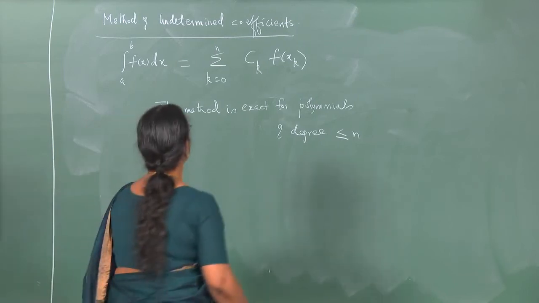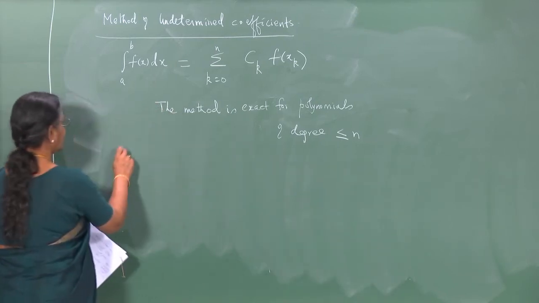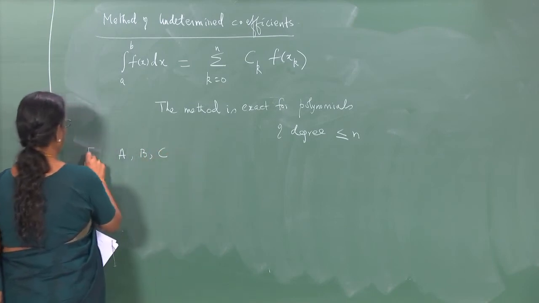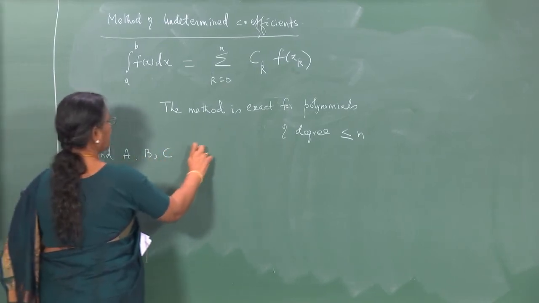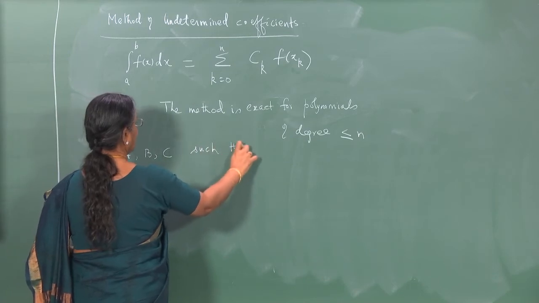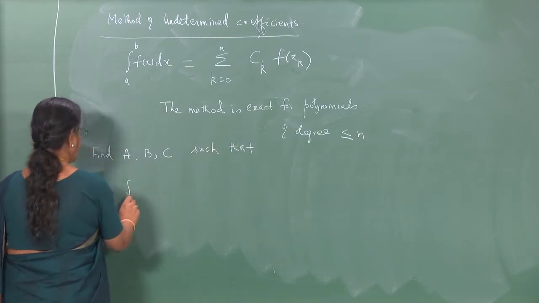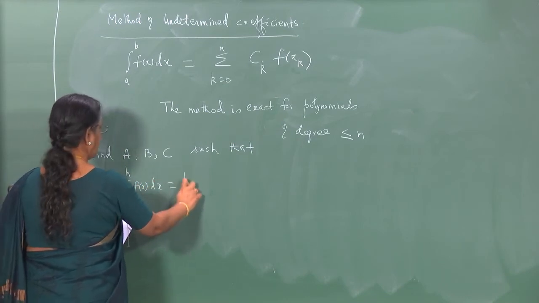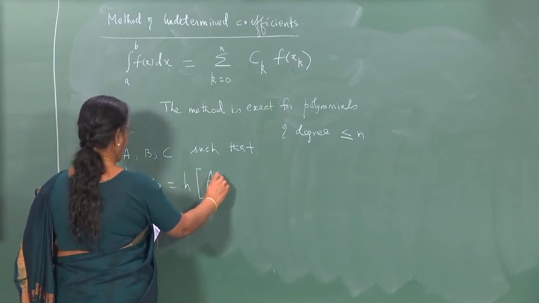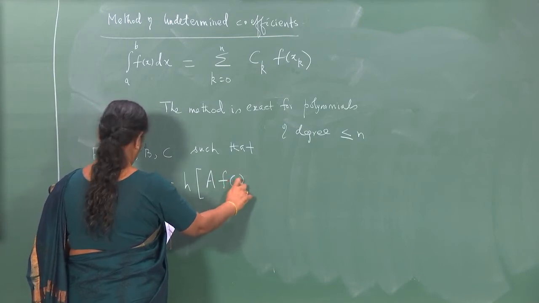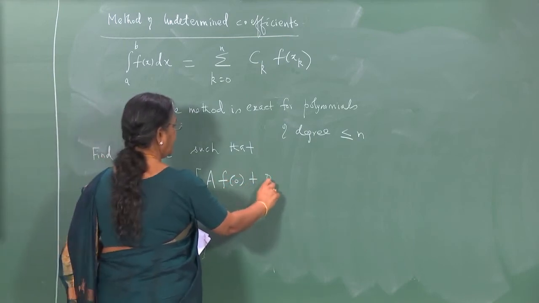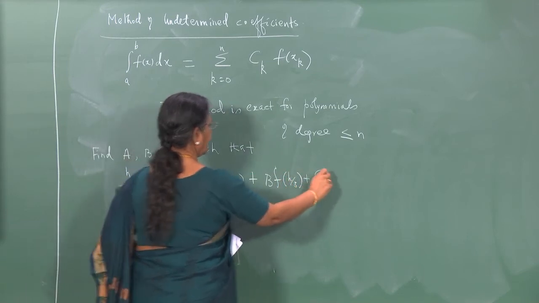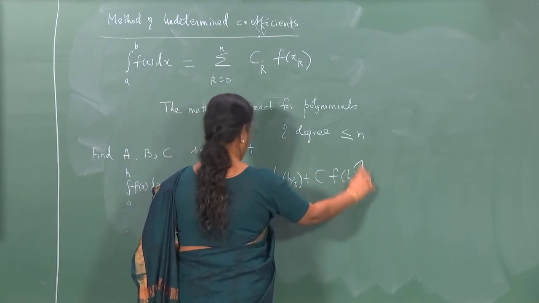We shall illustrate this by means of the following example. So, let us obtain constants a, b and c such that integral 0 to h f of x dx is h into a times f at 0 plus b into f at h by 3 plus c into f at h.